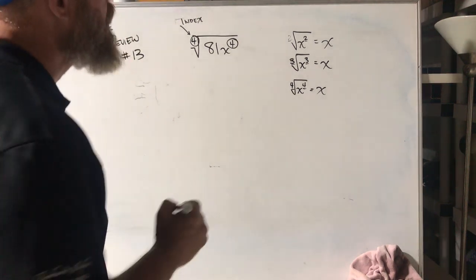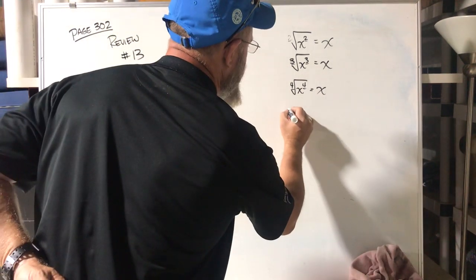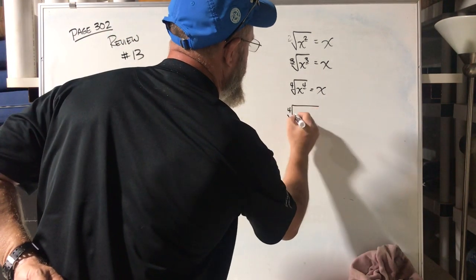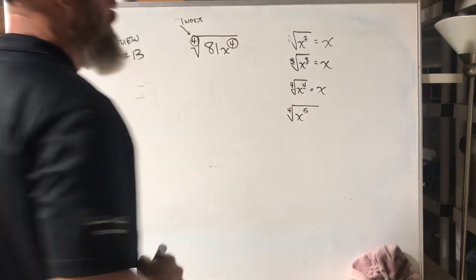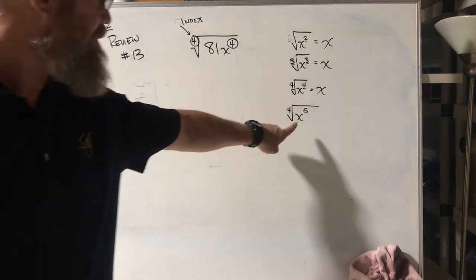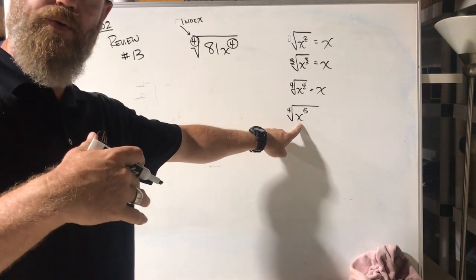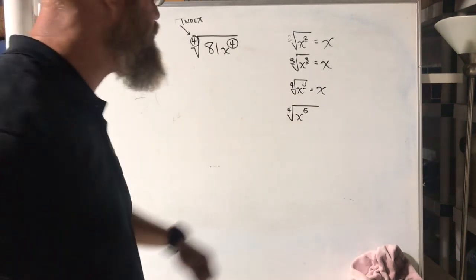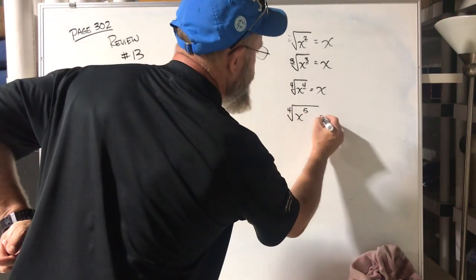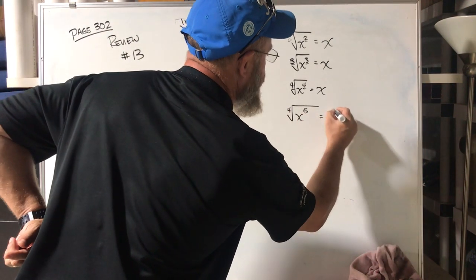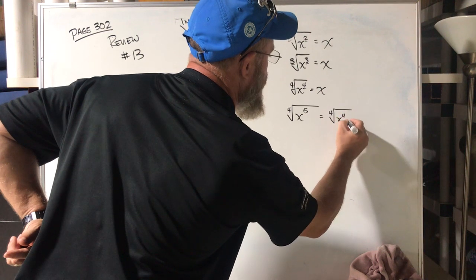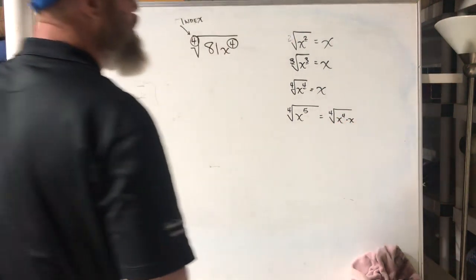All right. So, what if I had the fourth root of x to the fifth? Well, I can factor x to the fifth. If we use our rules for multiplying exponents, I can write this as the fourth root of x to the fourth times x.